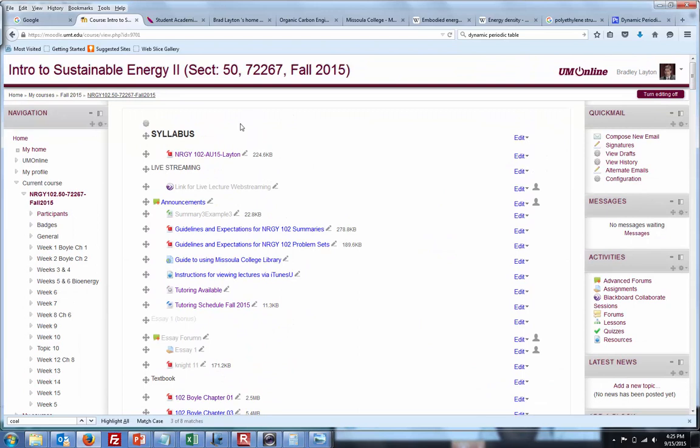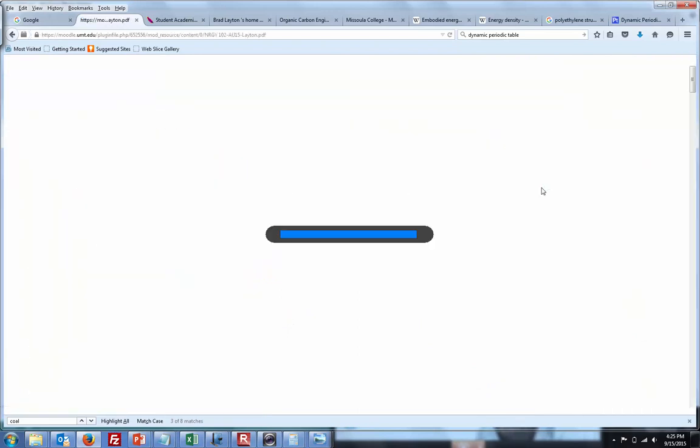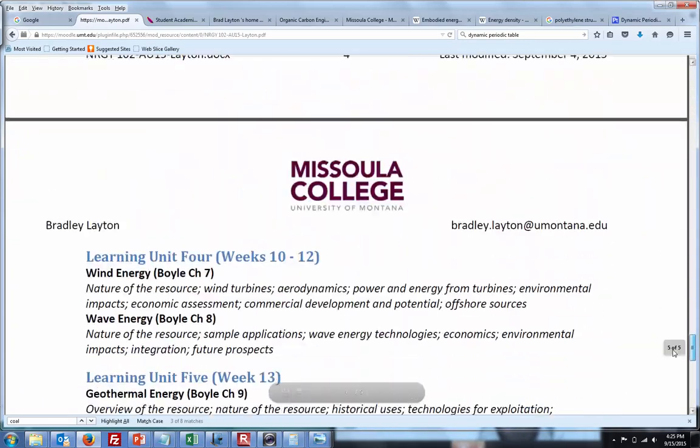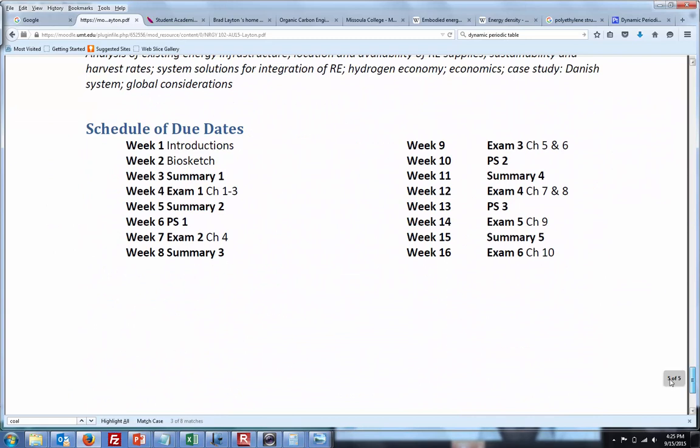Summary 1. Has everybody submitted summary 1? Is it due? Yeah. Oh, no, it's not due, sorry. Yeah, so any trouble at all in summary 1?